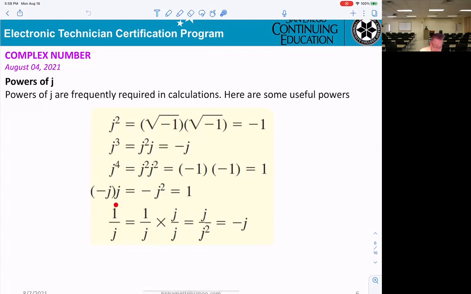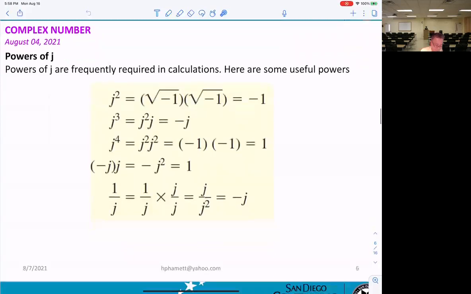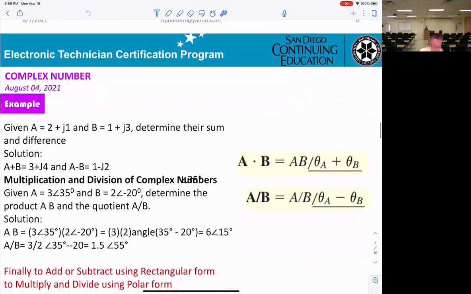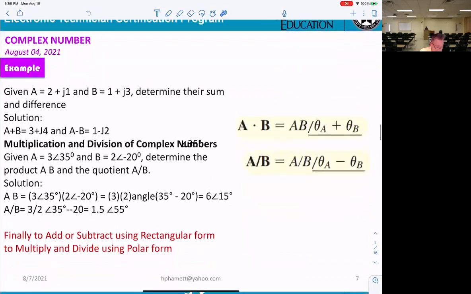Minus Z times Z, you get minus Z squared, and that's what gives you 1. Okay? 1 over Z equals minus Z. Okay, this one we already did.